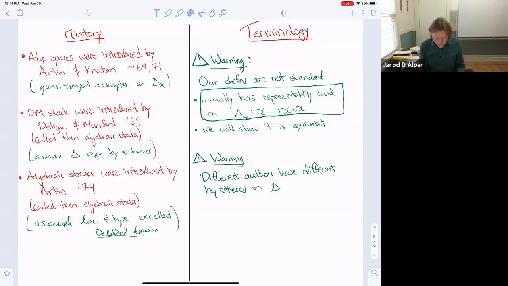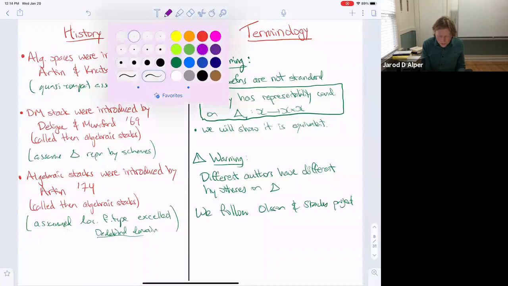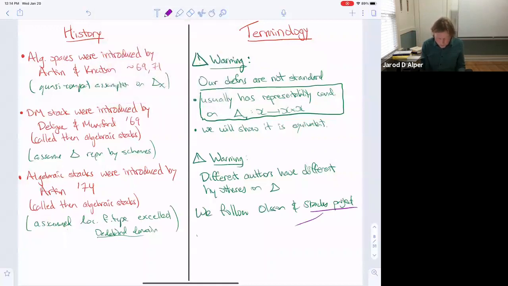And maybe I'll point out that we are following both Olsson's book and the Stacks project. Maybe the only difference here is that we use the big étale topology.